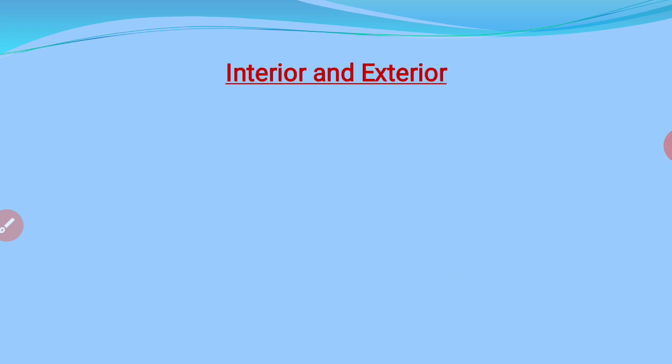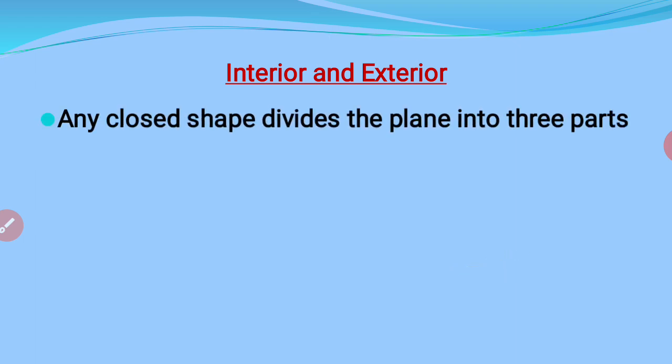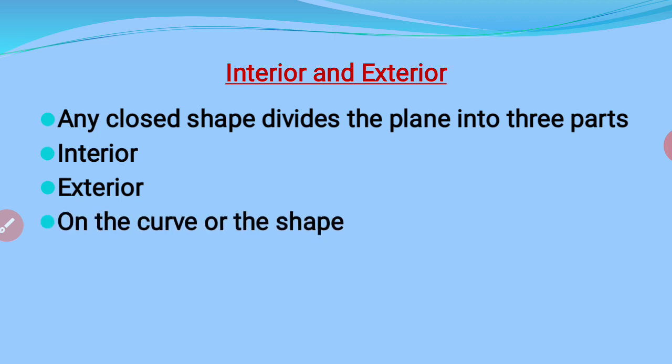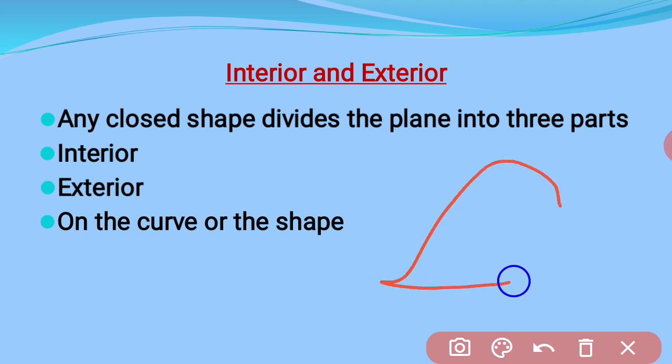Here, let me tell you about the interior and exterior of a given figure. Any closed shape divides the plane into three parts: interior, exterior, on the curve or the shape. So let me take a curve.